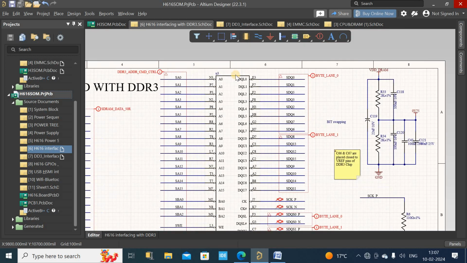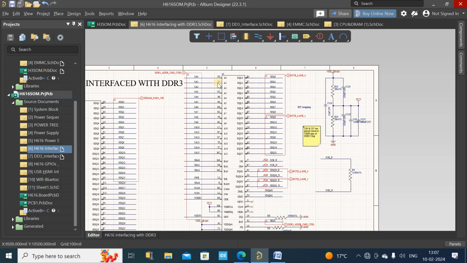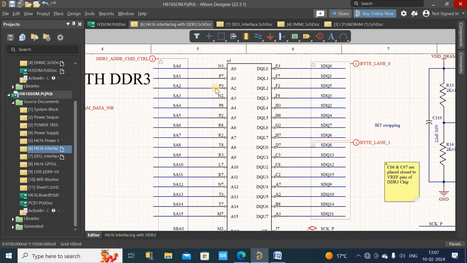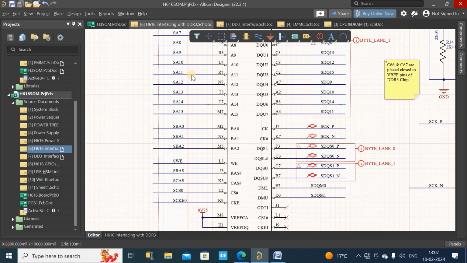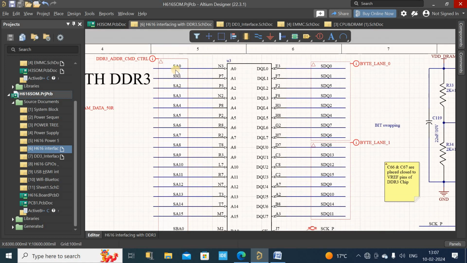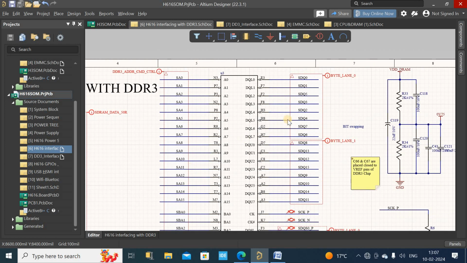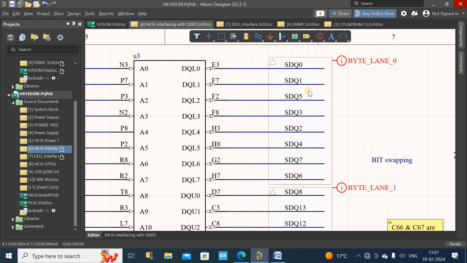And let us look at the DDR3 memory. These net labels are being put accordingly on this memory chip. However, as you're noticing here, the data lines are not labeled in order.